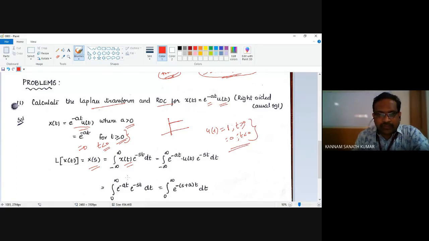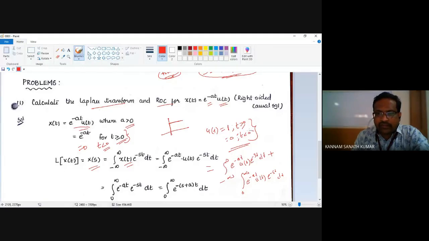So you can split this bilateral Laplace transform like this: from minus infinity to 0 of e^(-at) u(t) e^(-st) dt, plus from 0 to infinity of e^(-at) u(t) e^(-st) dt.